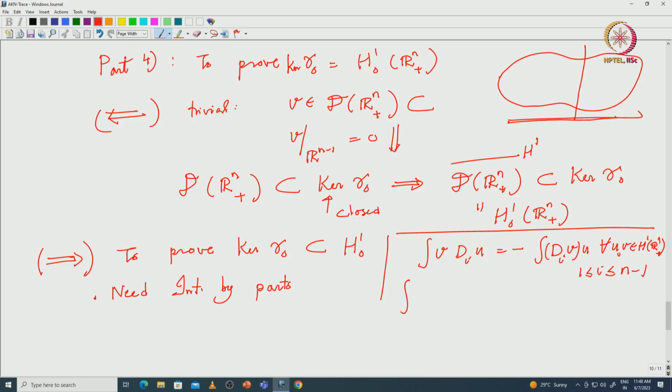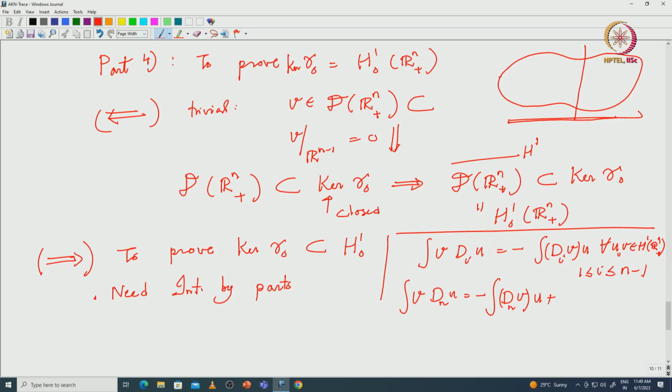For the nth part, you will have minus the integral of d_n v u, plus a boundary term.